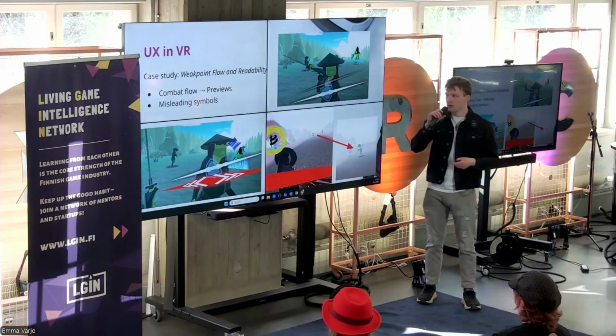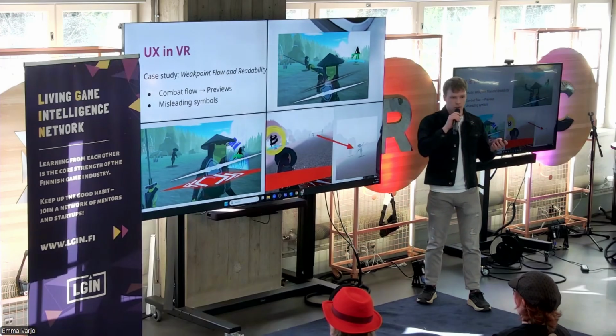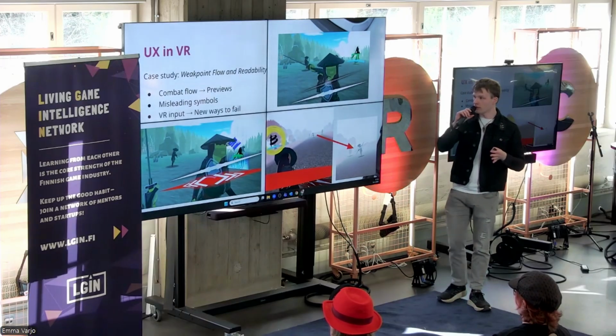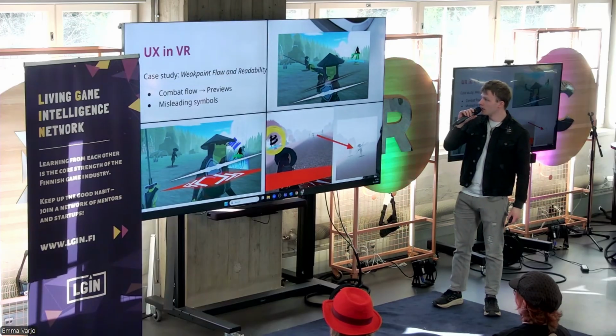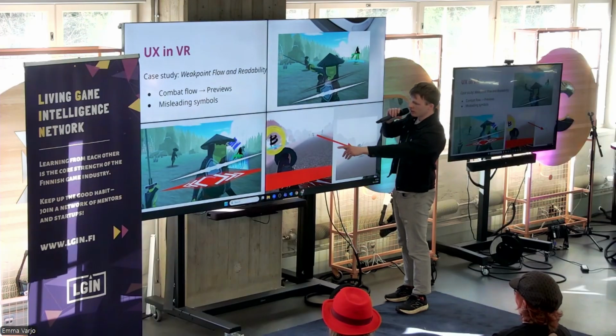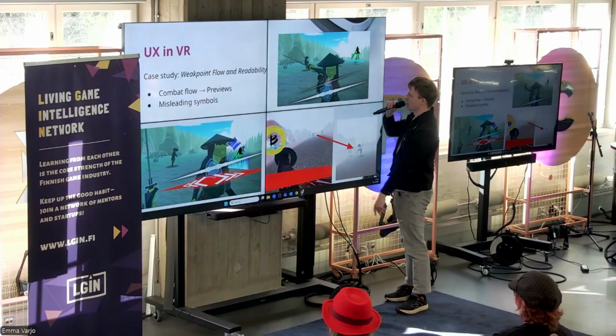However, this led us to another set of problems, and those were misleading symbols. As you can see, there are some differences in colors here. The red one stands out, but what's this?